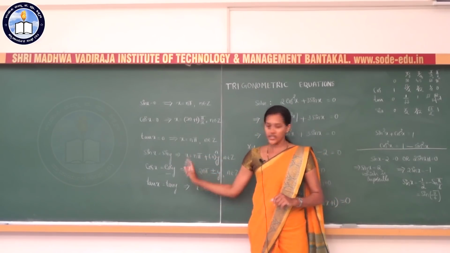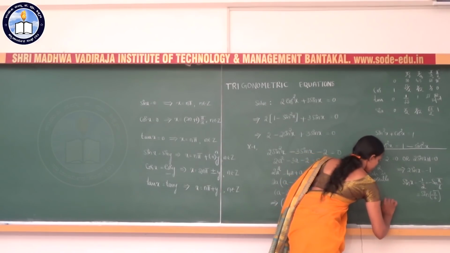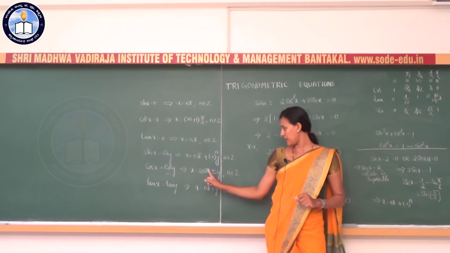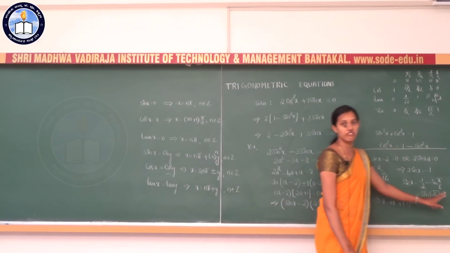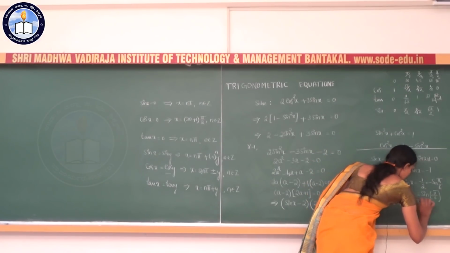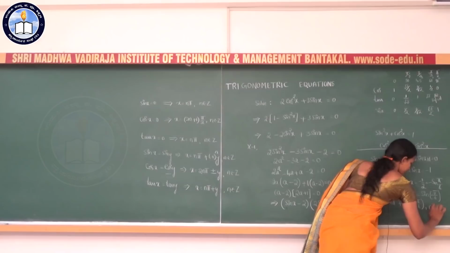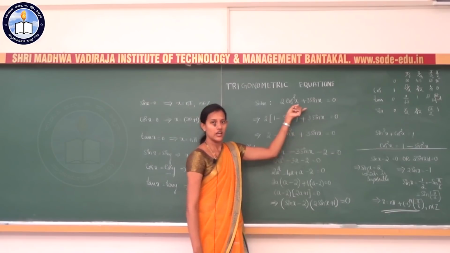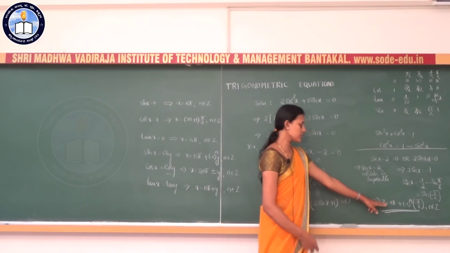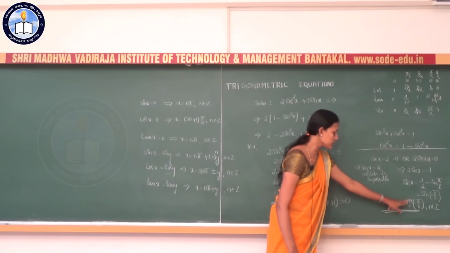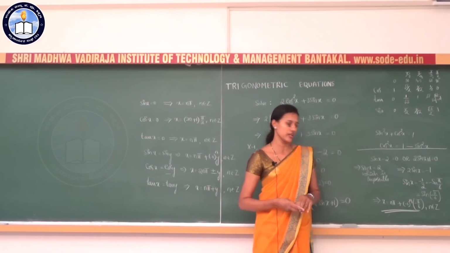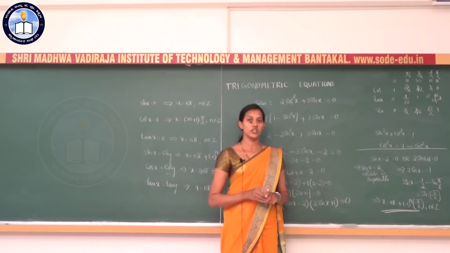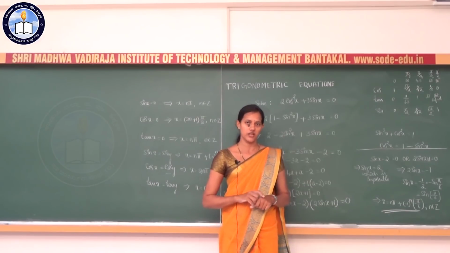So we have x is equal to n pi plus minus 1 to the power n into y. In the place of y here we have minus pi by 6. So the general solution of the given trigonometric equation is x is equal to n pi plus minus 1 to the power n into minus pi by 6 for integer n. So this is all about the general solution of a trigonometric equation.